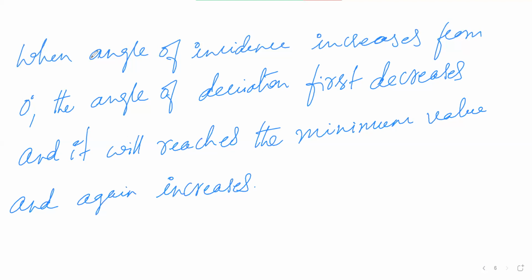So this is the theoretical part you have to remember. When the angle of incidence increases from 0, first the angle of deviation keeps on decreasing and it will reach the minimum value, then again it starts increasing. It can be represented with a small graph also. If you want, you can write it down.